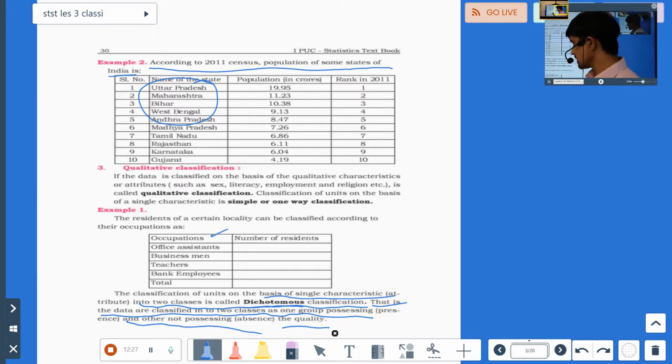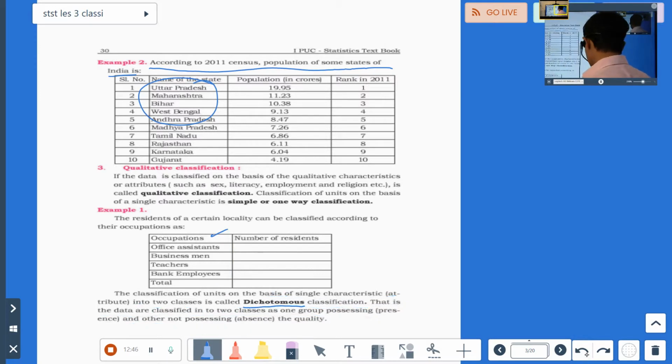Take this example: literate, not literate or illiterate; employed, unemployed; businessman, not businessman. Such classification is called dichotomous classification.